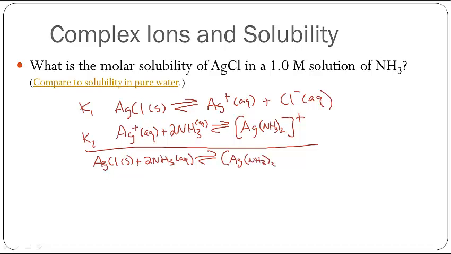Excellent. So again, we have a common intermediate. In this case, it's not H plus or OH minus. It's the silver Ag plus ion.